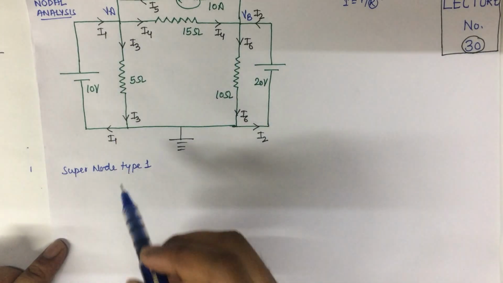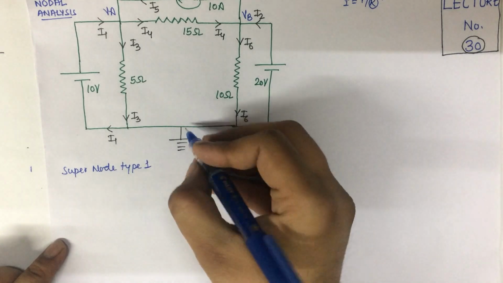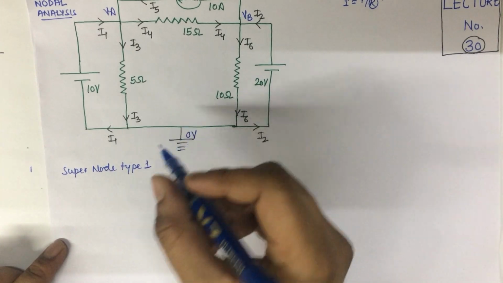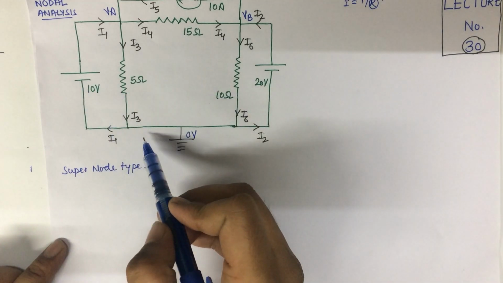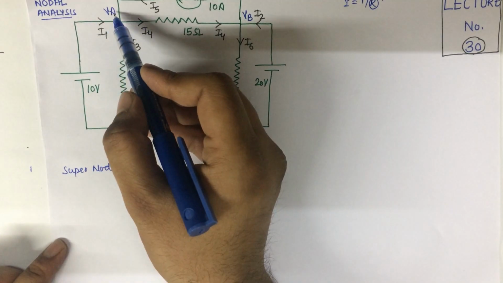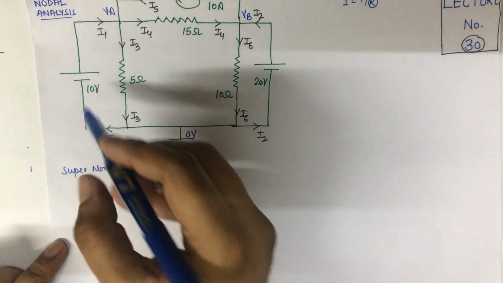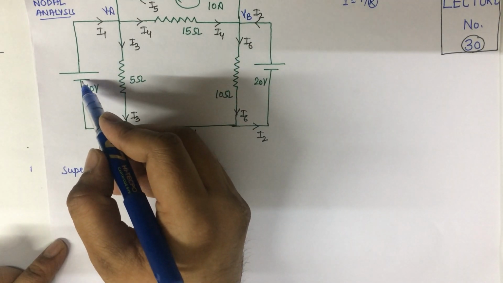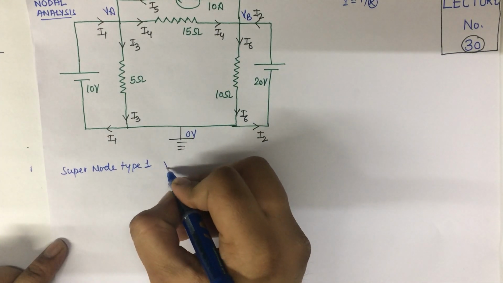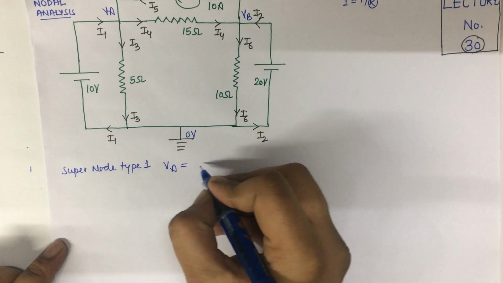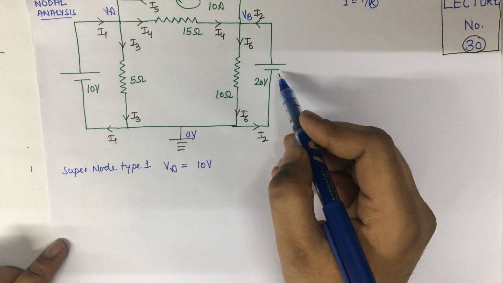If this battery terminal is at reference node, zero potential, then VA must be at 10 volt. So we consider VA is equal to 10 volt.